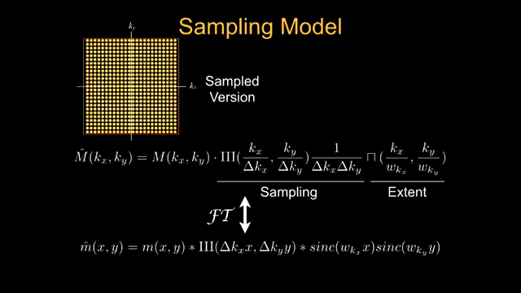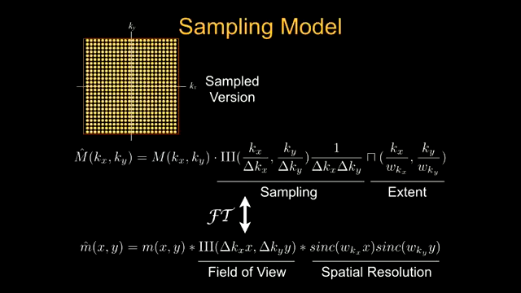If the sinc is tight, then everything won't be blurred, correct? So the sinc is related to your resolution, and the comb function is related to your field of view. This is field of view related, and this is resolution related. Okay? This is mathematically how you look at image formation, particularly related to delta kx, Wkx, delta ky, and Wky.